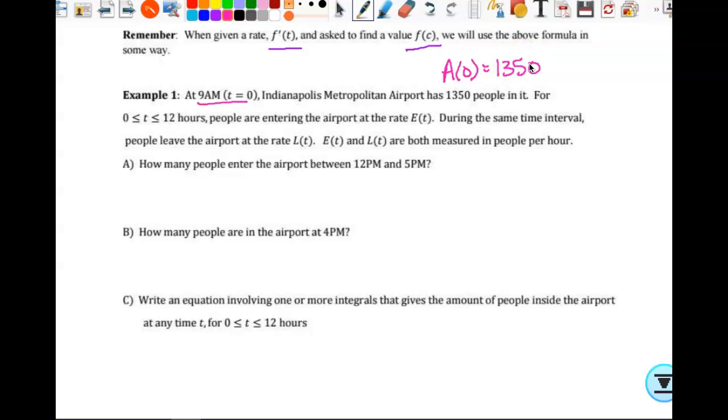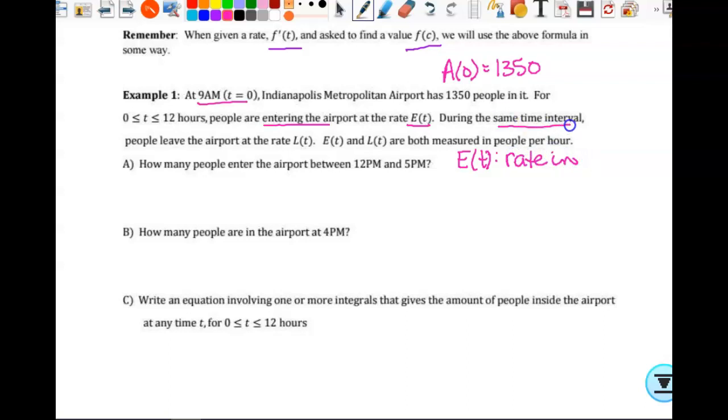For t being between 0 and 12 hours, people are entering the airport at a rate of E of t. So E of t, that is your rate in, because they are entering.